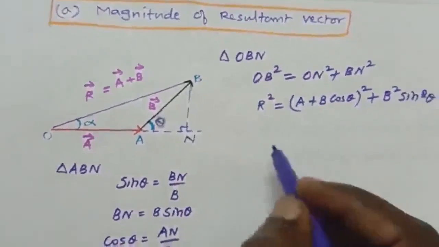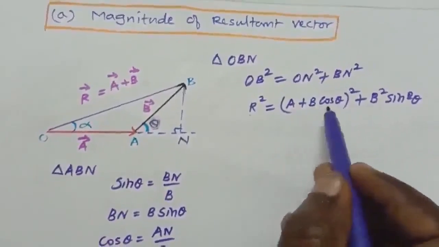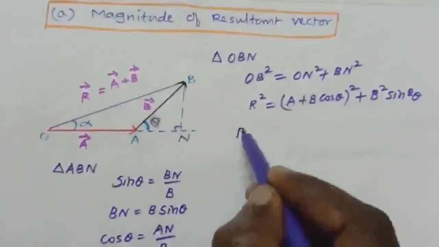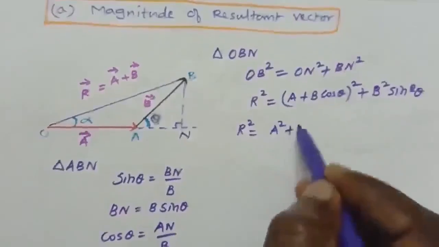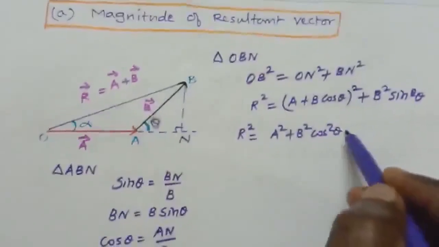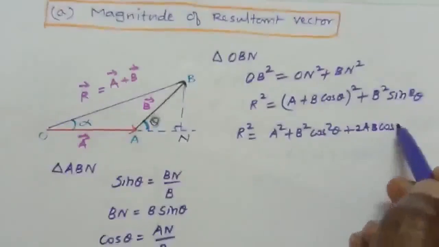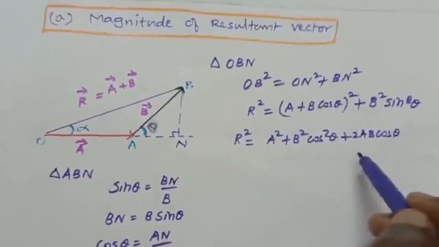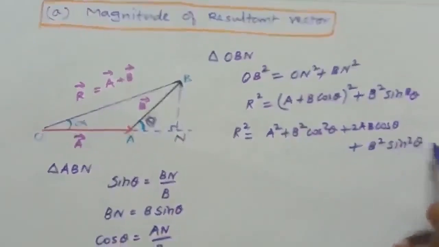Are you clear, children? Now using the trigonometry relation, (A plus B cos theta) whole square, R square is equal to A square plus B square cos square theta plus 2AB cos theta, plus B square sin square theta.